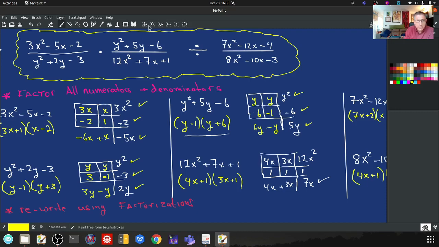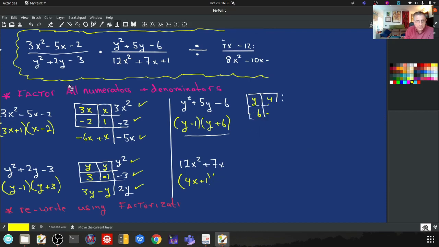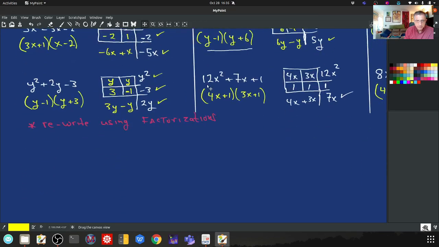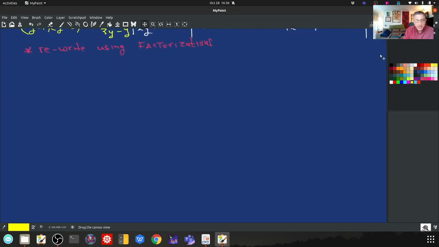So what I'm going to do is rewrite, instead of 3x squared minus 5x minus 2, I'm going to replace it with this factorization right here. So here's the factorization of 3x squared minus 5x minus 2. I'm going to replace it with this. In each case, all of these are going to be replaced. And when I do that, I get the following.